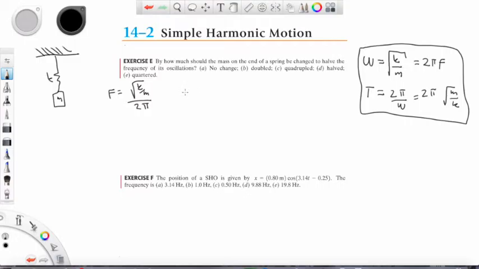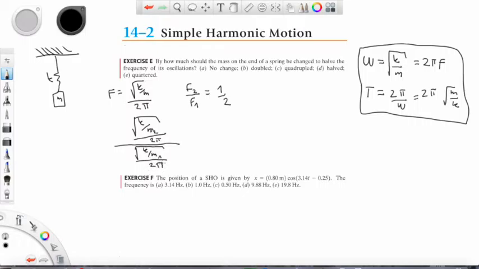So if we want to halve the frequency, f2 over f1 needs to be 1/2. What is f2? f2 is square root of k over m2 divided by 2 pi, and that thing divided by f1. f1 is square root of k over m1 divided by 2 pi.